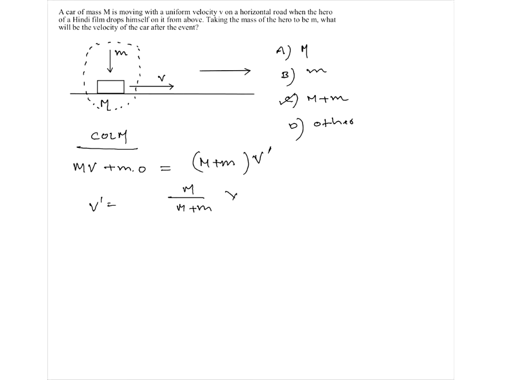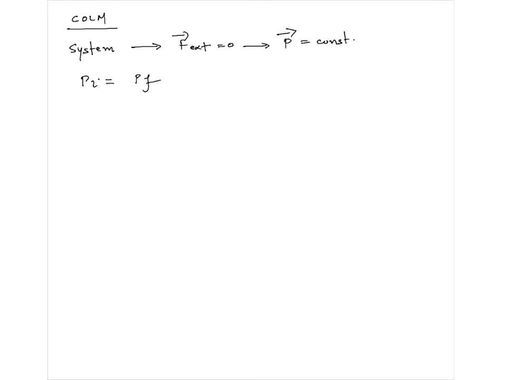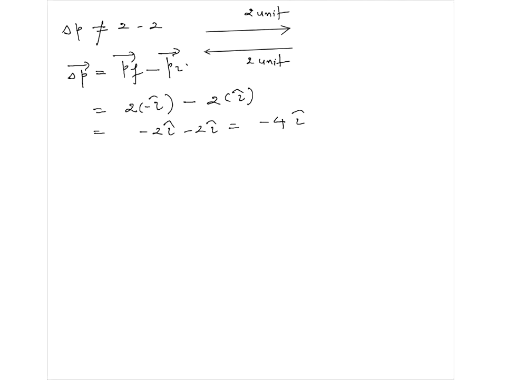So the hero says my momentum has changed, the car says my momentum has changed, but together they say that momentum has not changed. So will momentum change? Will it not change? The key is the system. That's the key.